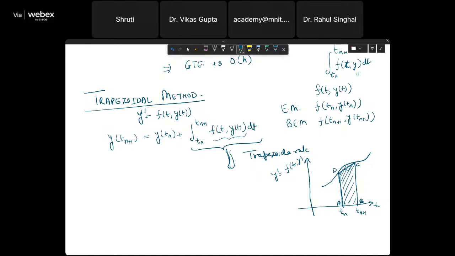How can we compute it? We know AD, which is nothing but f at Tn, y at Tn, and BC is f at Tn plus 1. These are known, while this other part is not known, but we can still compute this area.